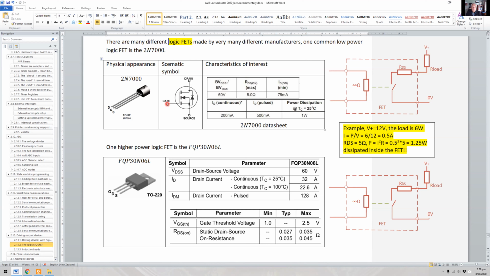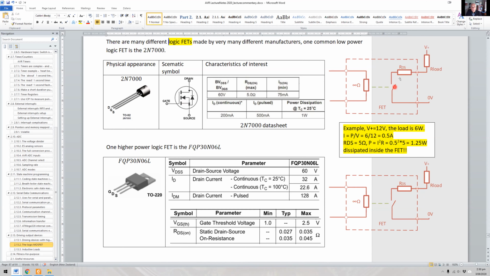So basically, when we apply voltage here, we create an electric field inside the transistor, which causes the channel here to close, okay? Now, that channel, when it closes up, will have this RDS, the drain source resistance, in series with it.